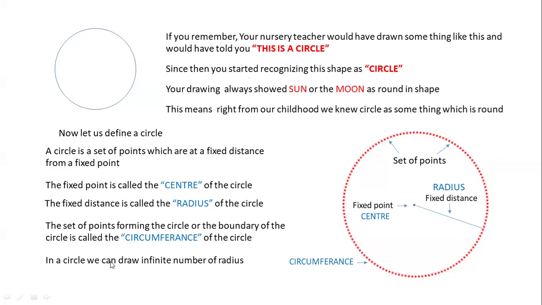In a circle, we can draw an infinite number of radii because every point could be connected to the center. So we will have an infinite number of radii. So this is your circle.